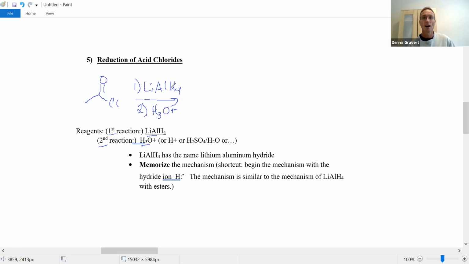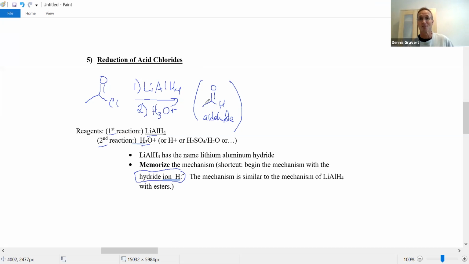What happens? Hydride ion, H minus, is your nucleophile. We're going to bump the pi bond, or simply do a substitution reaction with that. So if you substitute the chlorine with the hydrogen, you're going to make an aldehyde. Yay. I'm putting that in parentheses because that's not your final product, right?